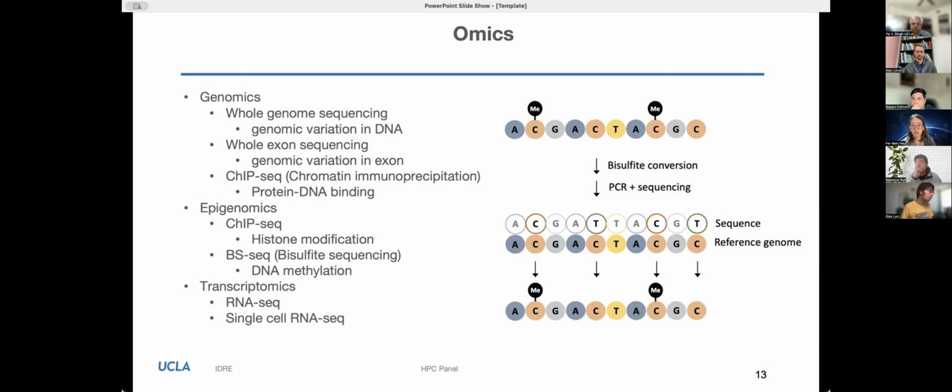The methylated cytosines won't change, but if a cytosine is not protected by methylation, it will directly change into thymine. By comparing these, we can know which specific loci are methylated. Epigenomics is really important because it won't change the DNA sequence, but it will directly lead to gene expression differences. Okay, next, please.